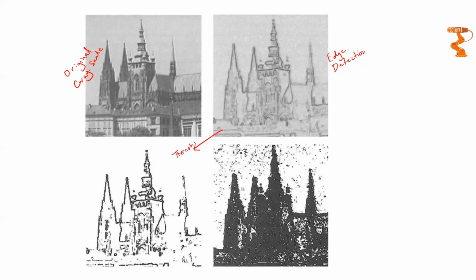You can see that in place of a significant edge, you are getting a black line, and everywhere else you are getting a white area. Then you can use region filling or some region growing methods to convert this edge image into a segmented image. You can see that it is not a very good output. But there are certain other things associated with edge-based segmentation which we are going to study.